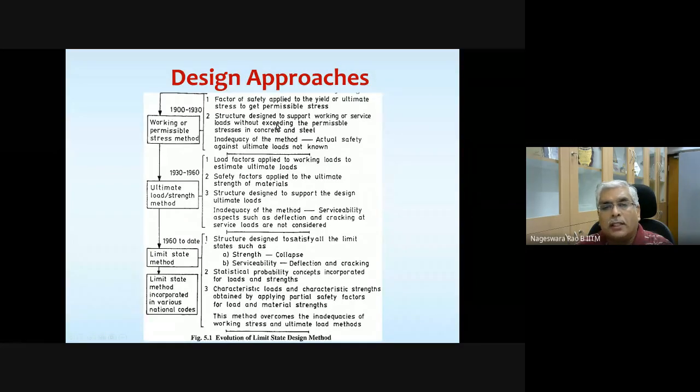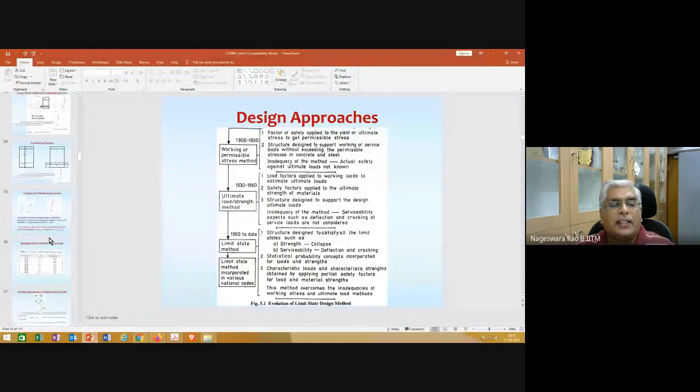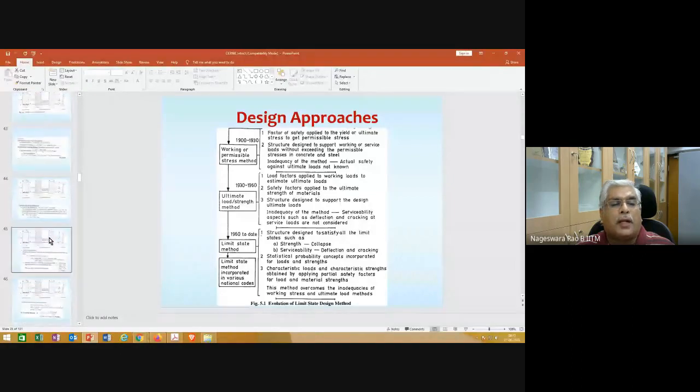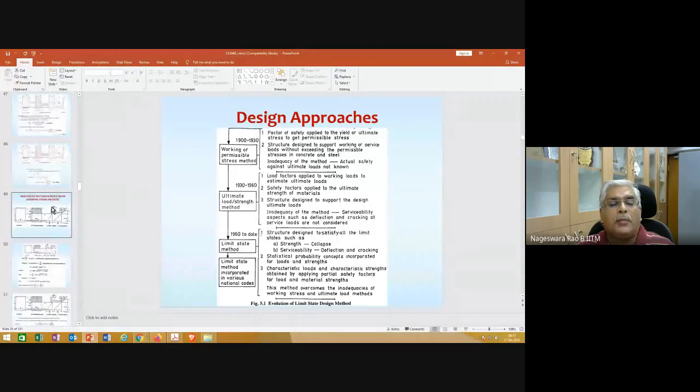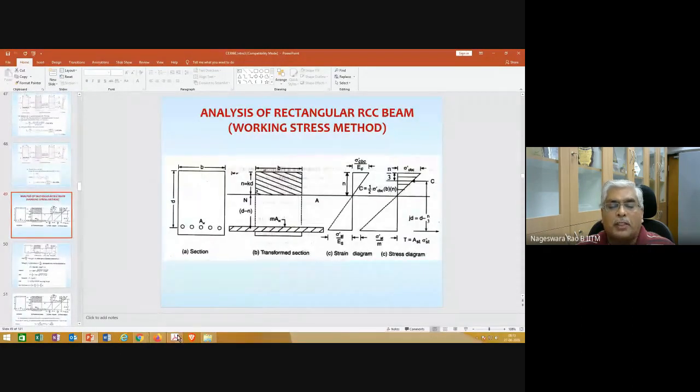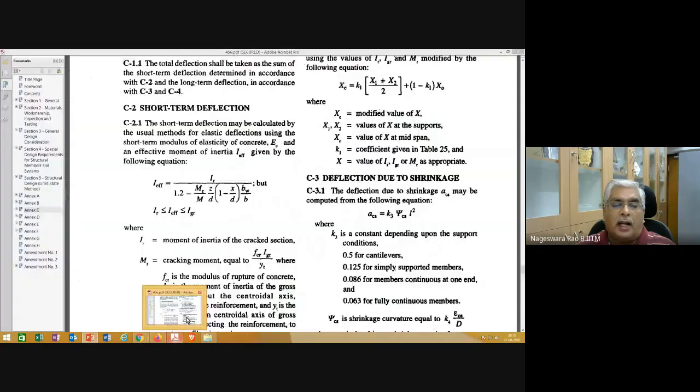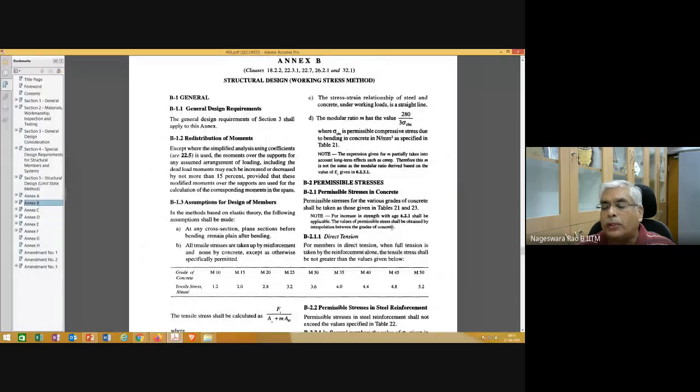These are the two important points to keep in mind related to the working stress method. Now let's see who is going to give us the permissible stresses in concrete and in steel. Once again, I want to emphasize that all of you should have this code book with you while the lecture is going on. Otherwise, it's very difficult to follow.